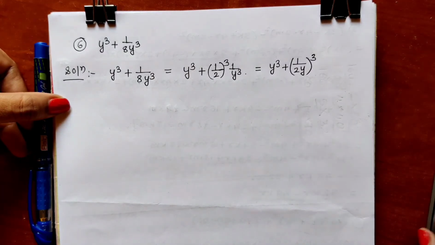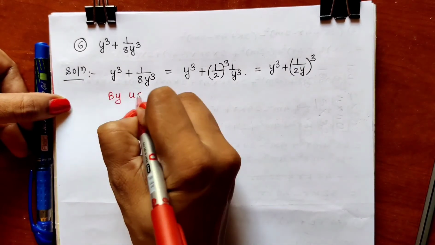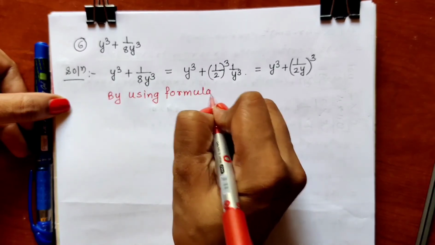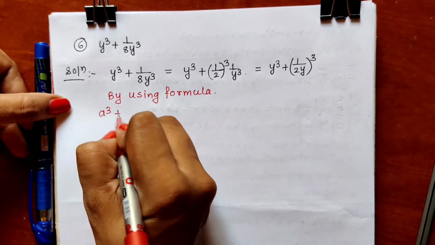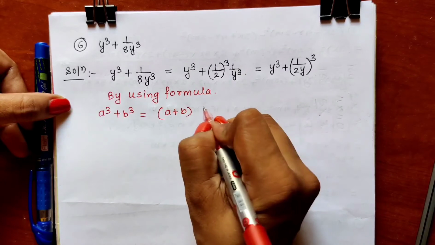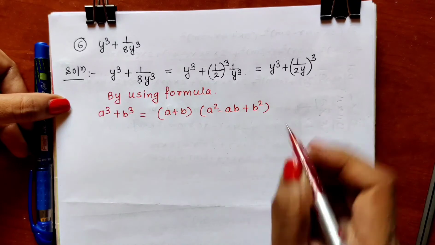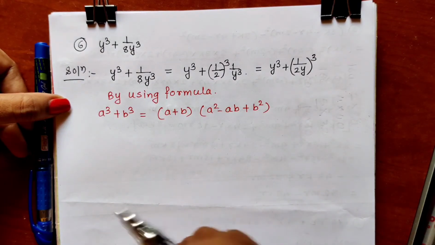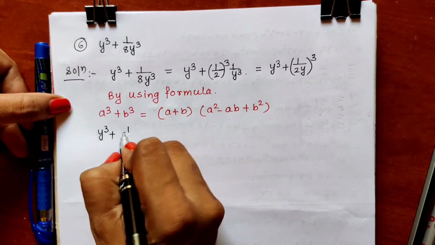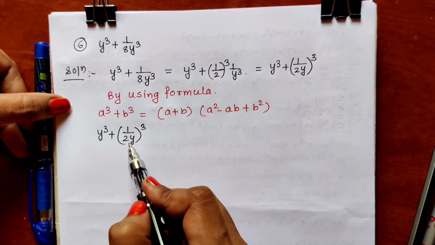Now let us apply the formula. By using the formula, a cube plus b cube is equal to a plus b in the first bracket, a square minus ab plus b square in the second bracket. We will be writing this expression y cube plus (1 upon 2y) whole cube. So our a is y, b is 1 upon 2y.